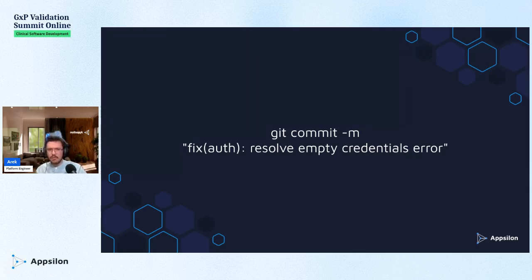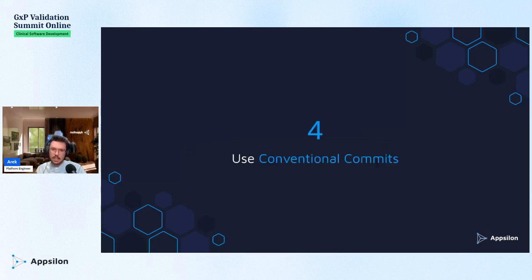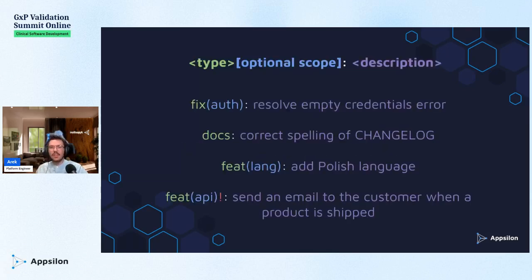So for example, here I've already applied the structure, but if I go to the next slide, not this one, we can see the typical or the proposed structure of the git commit message by conventional commits. So typically, at the beginning, we are assigning the type of our change.